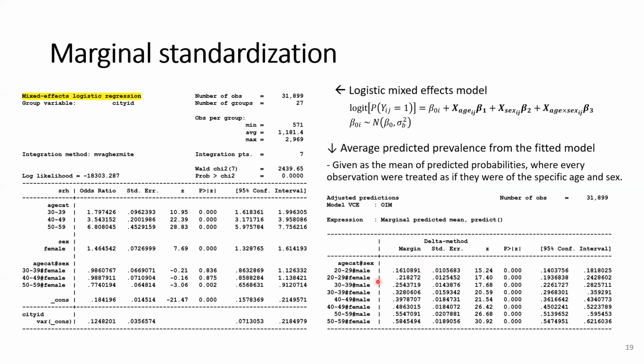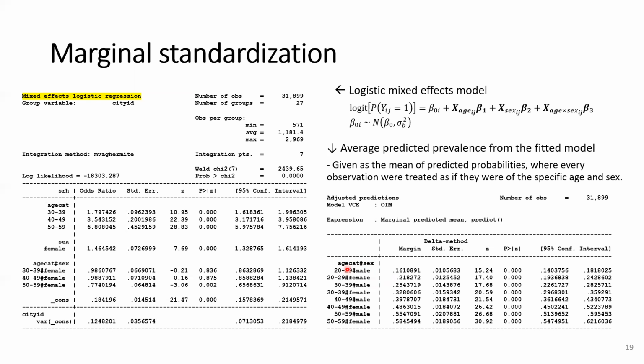This is calculated as follows. We have a data set with an age column and a sex column. To calculate this, we get the predicted probability by fixing age and sex for all of them: fixing age at 20 to 29 for all the observations, and also fixing sex as male for all the observations.